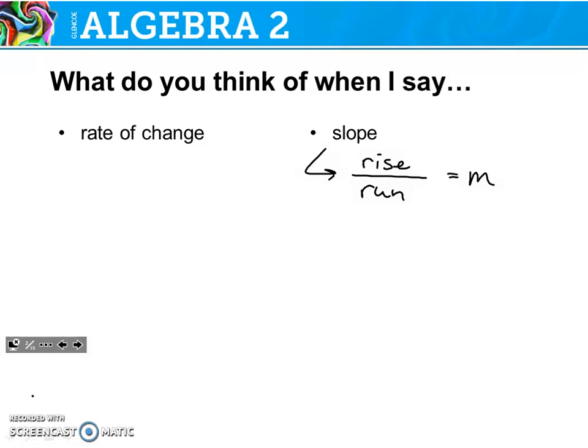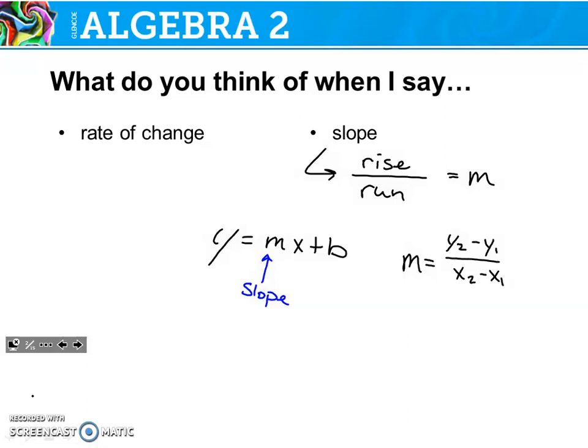Some people in the past when I've done this, they've given me the equation y equals mx plus b. And they've said that that m there represents our slope. Okay, there is a slope formula. M equals, and remember rise, so up and down, we do y sub 2 minus y sub 1 over x sub 2 minus x sub 1.